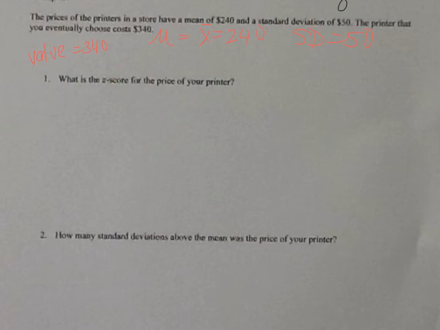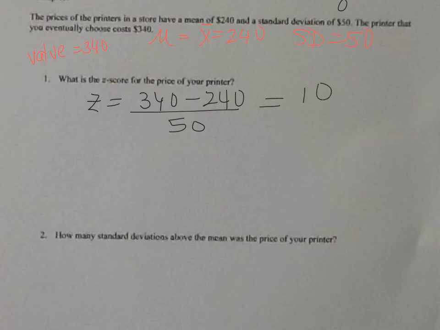What is the z-score for this printer? So your z-score is the value of your printer, which is 340, minus the mean, 240, divided by the standard deviation, which is 50. So that's 100 over 50. So your z-score is 2. Okay, which means it is 2 standard deviations above the mean, because it's positive 2. So it's above the mean.